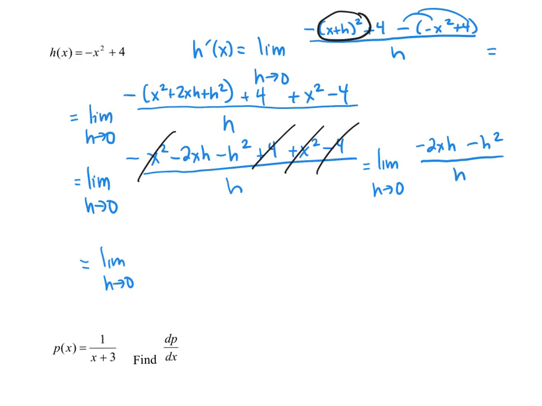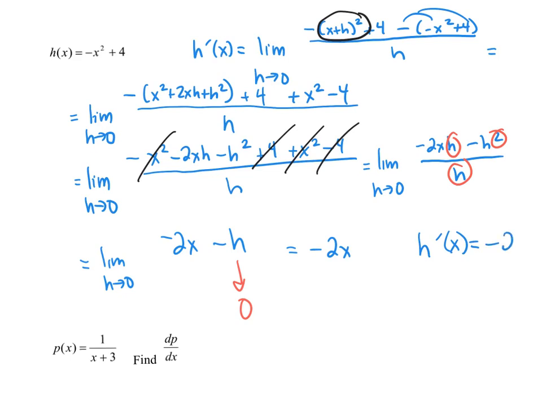Everything on the top has an h. So this is simply going to be negative 2x minus h, because I'm canceling one h here and one of the h's here. Well, now I can put 0 in for h, no problem. I get a function. I get negative 2x. So h prime of x, the derivative of h, is negative 2x.